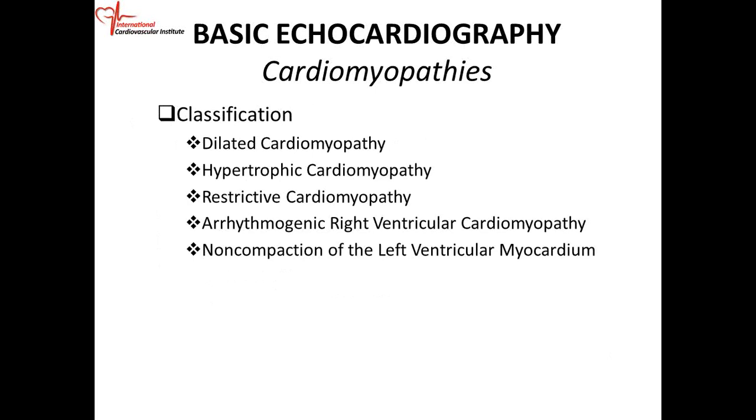And then we're going to round out everything with what we call non-compaction of the left ventricular myocardium. That is where the myocardium looks very spongy, and there's a lot of trabeculation in the myocardium. And the left ventricular systolic function will be depressed.